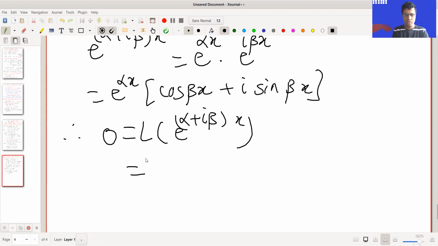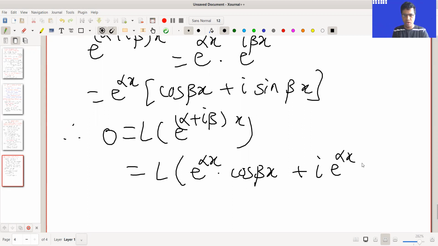But this is nothing but L of e raised to alpha x into cos beta x plus I times e raised to alpha x into sine beta x.